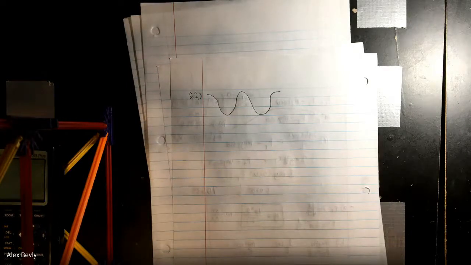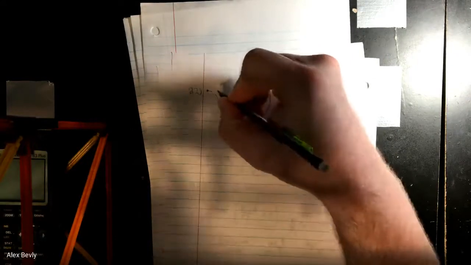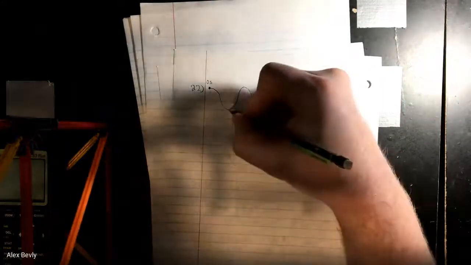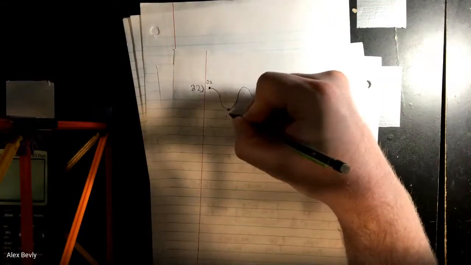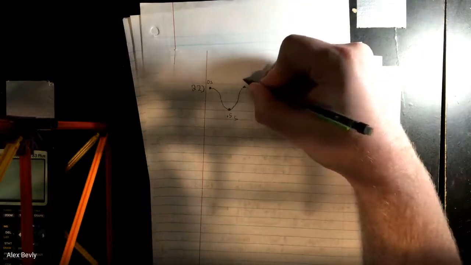The block has maximum acceleration at all times 0.5n, where n is 0 or a whole number. All right, so 0.5n. That would be saying here at 0 seconds, and then 0.5 times 1 is 0.5 seconds, 0.5 times 2 is 1 second.